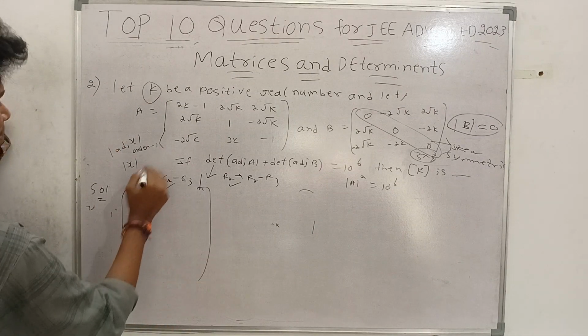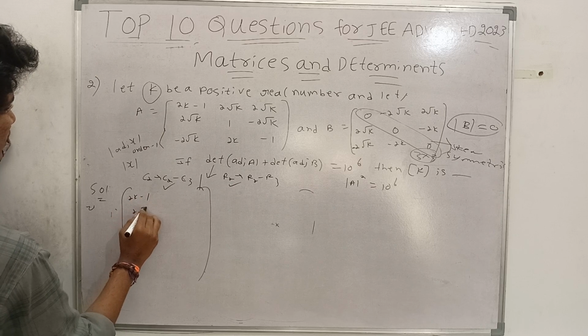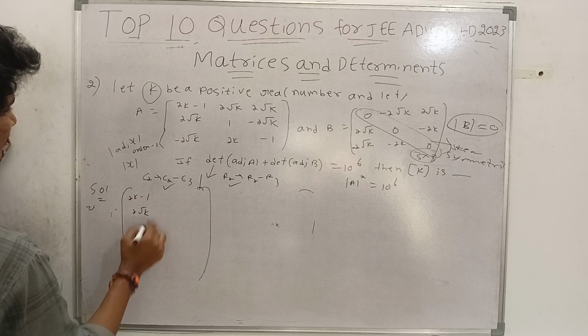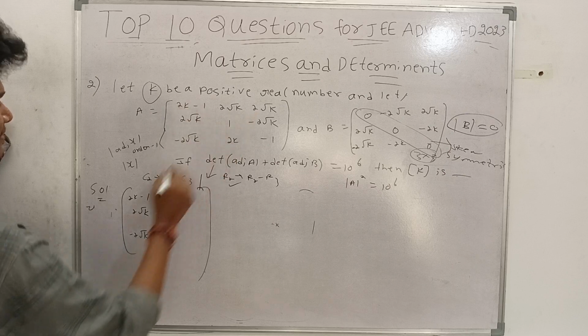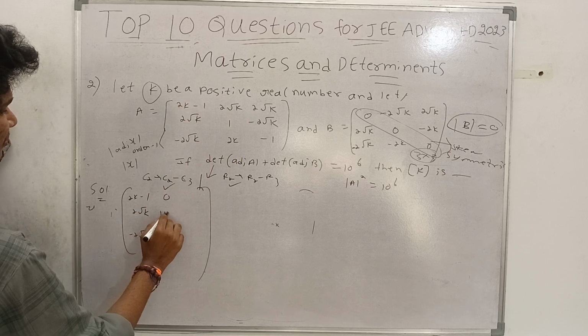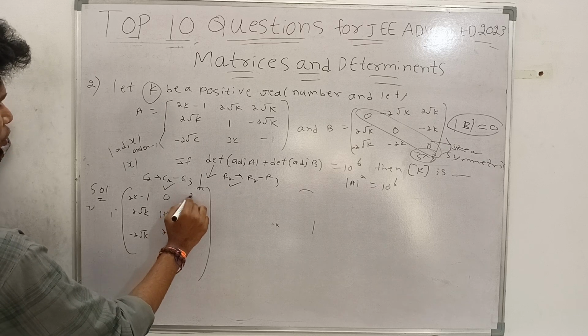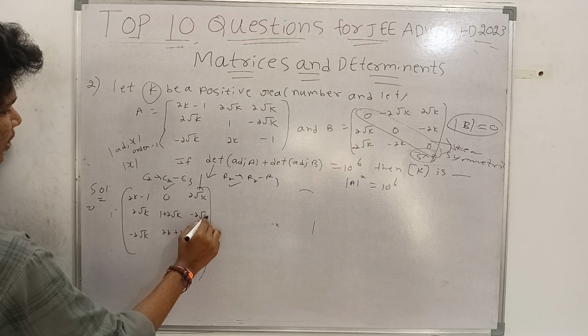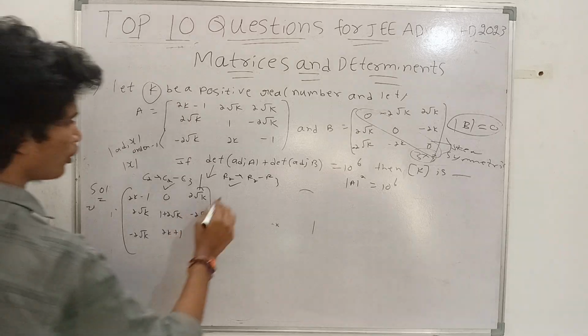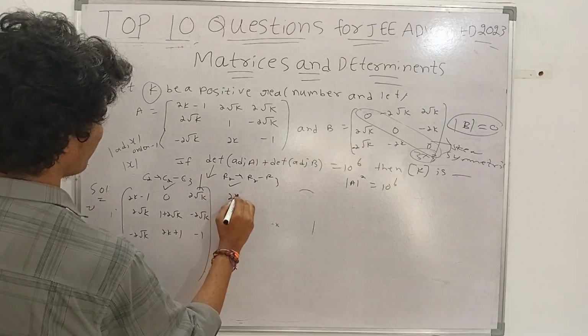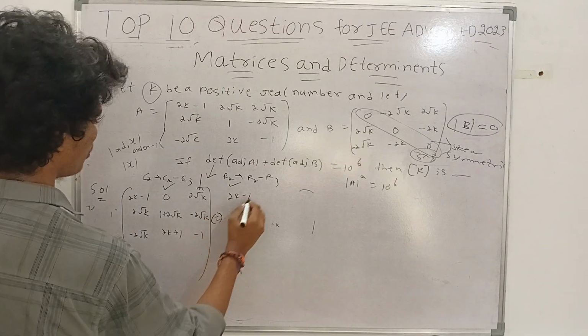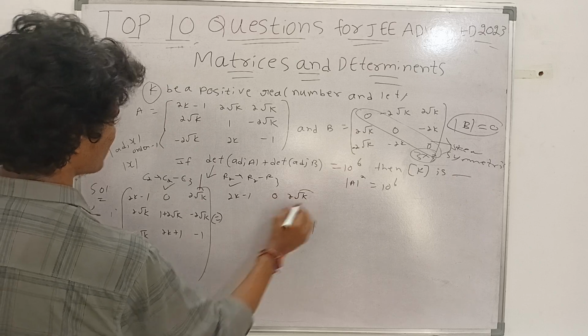So what is this column is same, 2 root k minus 2 root k, it is same. What is here? C2 minus C3, it will be 0. It will be 1 plus 2 root k. It will be 2k plus 1. And here it will be same, 2 root k minus 2 root k minus 1. Now we are going to apply R2 tending to R2 minus R3. Here it will be 2k minus 1, 0, 2 root k, same.